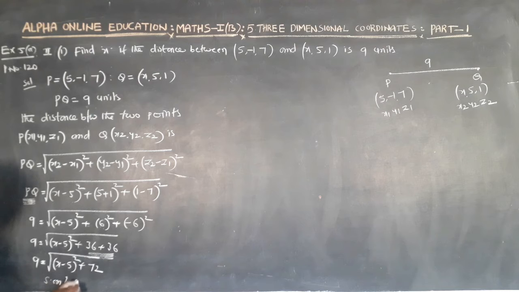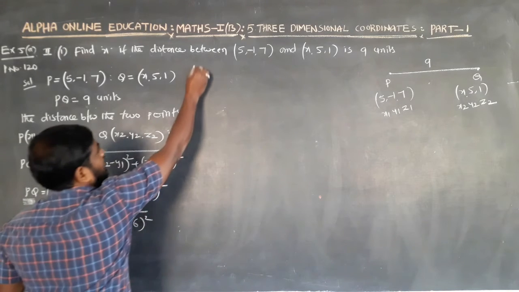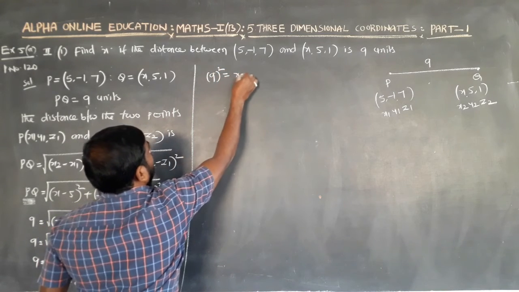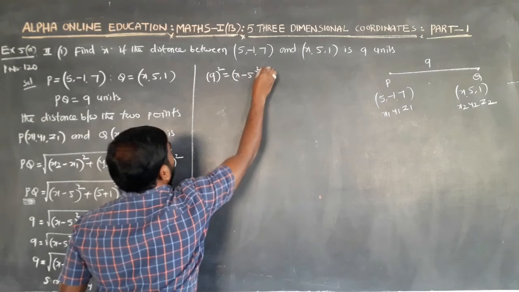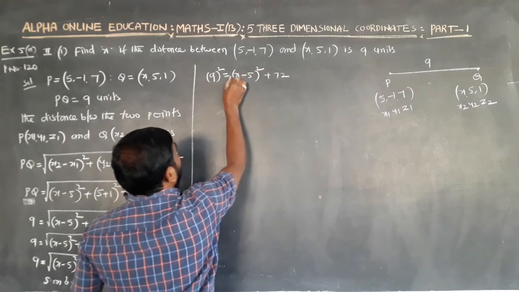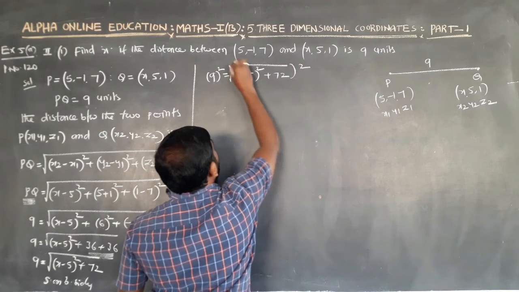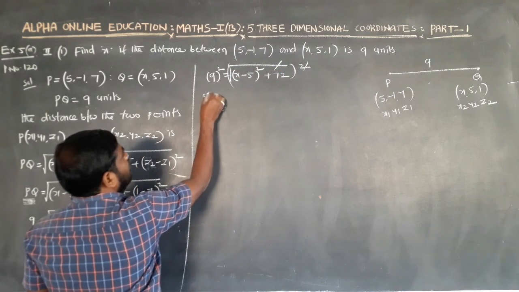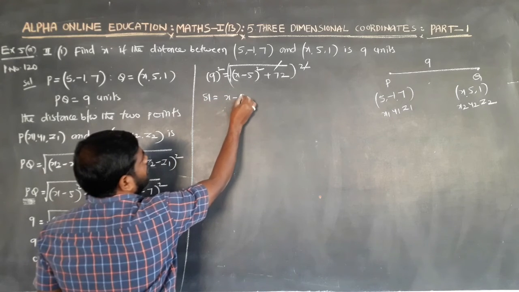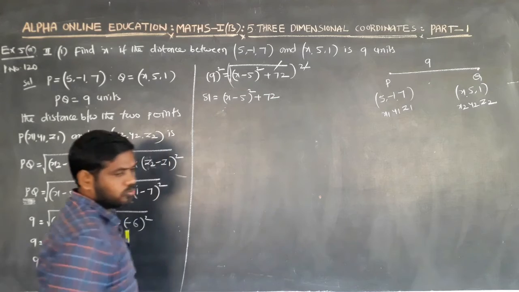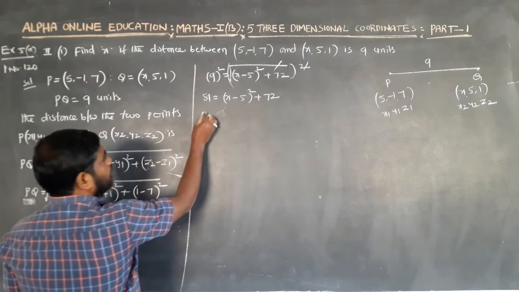Squaring on both sides: 9² = (x − 5)² + 72, so 81 = (x − 5)² + 72.